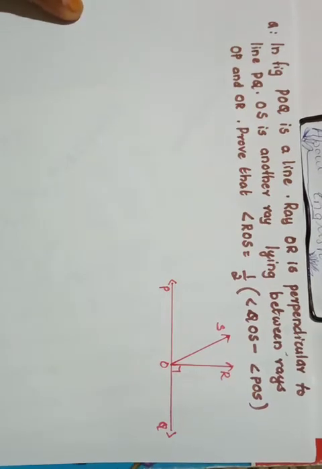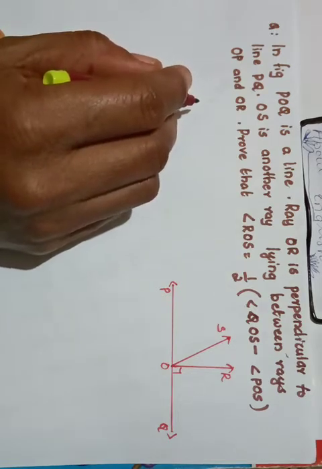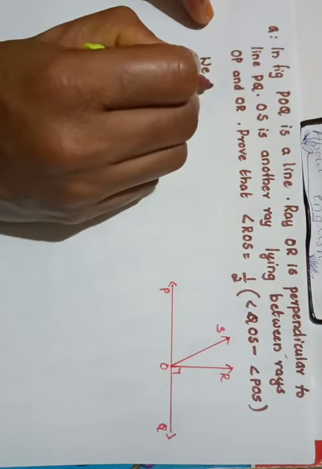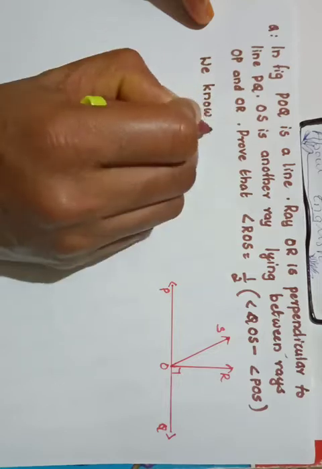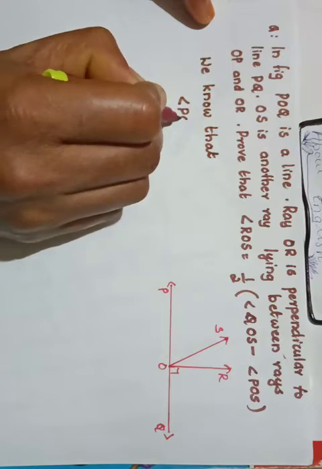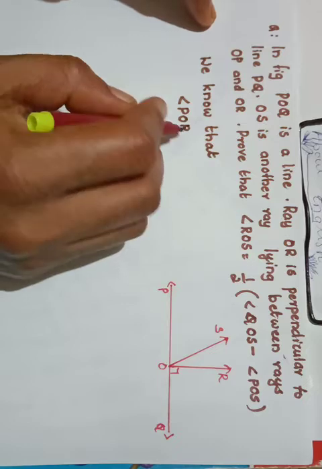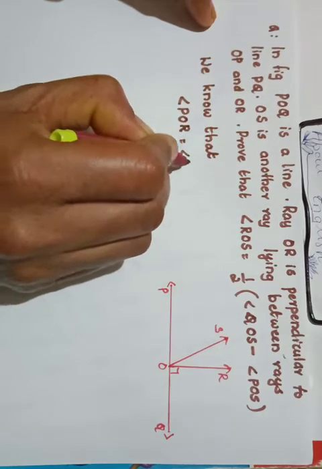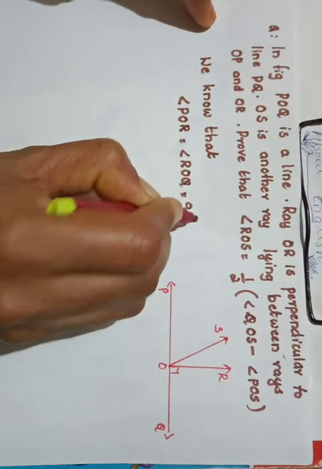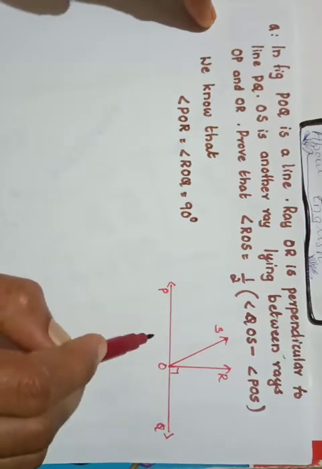Okay, so listen, it's a proving question, so you have to concentrate. Okay, so we know that angle POR and angle ROQ are each 90 degrees.